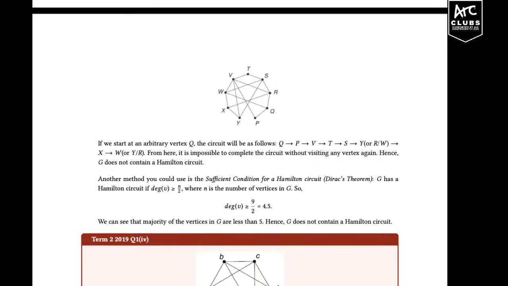Then from there you would end up at vertex S, and this is where you have options. You can choose to visit either vertex Y or R or W.